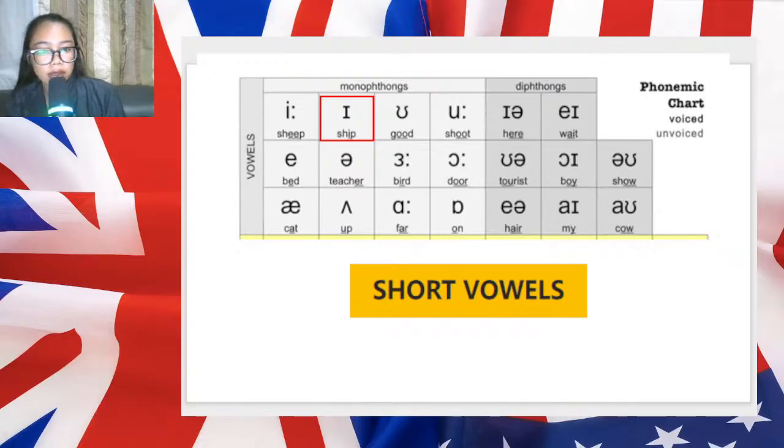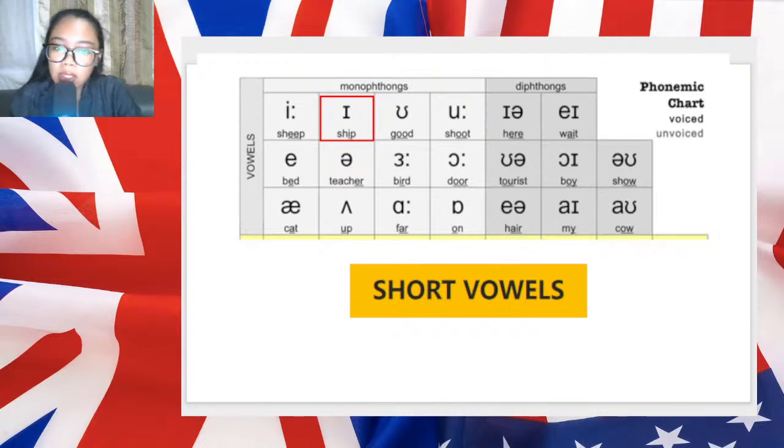All right, are you ready to explore the first short vowel sound, which is on our screen right now? So let's start with our first short vowel sound. We are going to pick one of the most common ones you will find in English. Take a look at the IPA symbol. This one, it's a capital I but a shorter version.